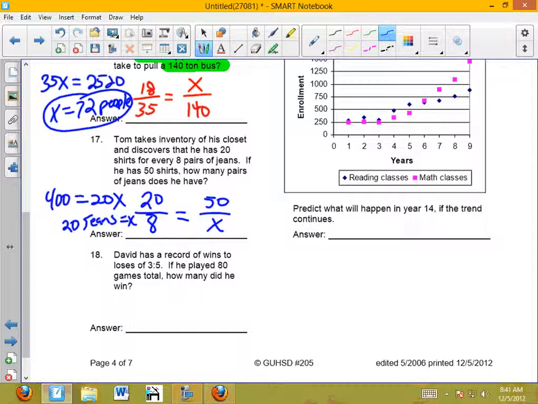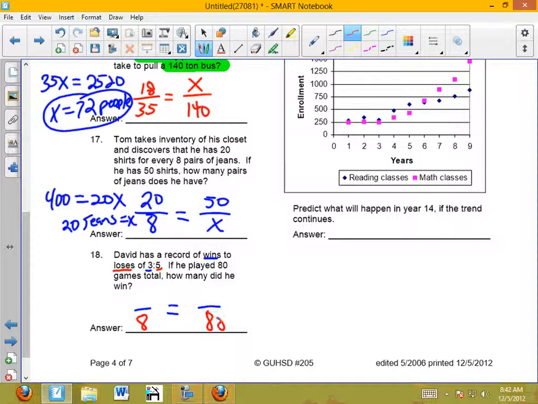Okay, David has a record of wins to losses that is 3-5. He played 80 games total. How many did he win? Fraction equals fraction. 3-5, this is my ratio. 3 is wins, because it's first. Losses is 5, because it's second. 3 plus 5 is 8. Total of 80 games.